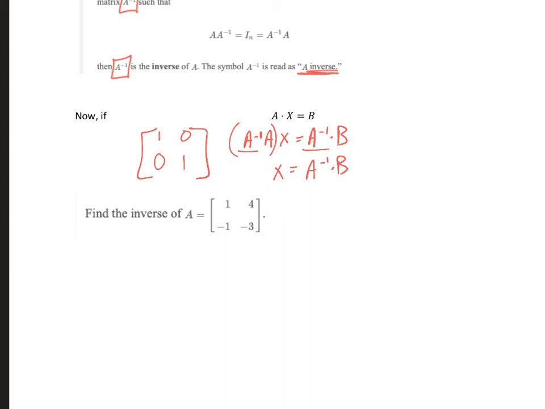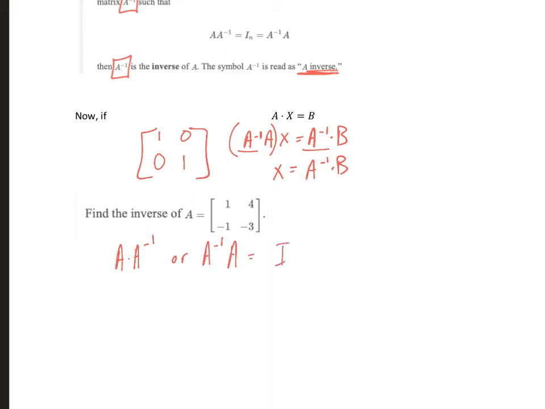So for this example, it asks us to find the inverse of this matrix. So we know that if I take A times the inverse, or if I take the inverse times A, that will equal the identity matrix.